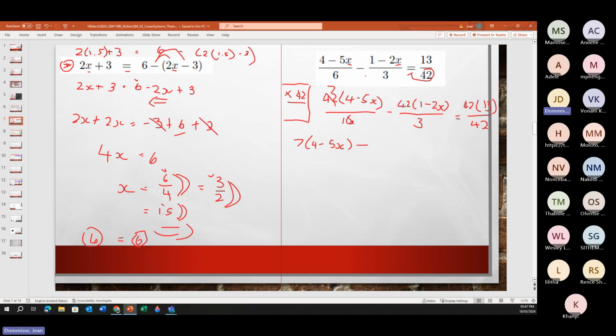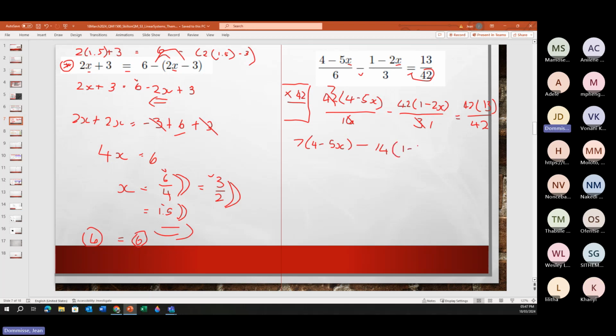Remember, we've got the minus, so remember to keep the minus. The 3 goes into 3 once. 3 goes into 42 14 times. And then we still have the 1 minus 2x. And then 42 goes into 42 once, and 42 goes into 42 once. So we are left with 13.